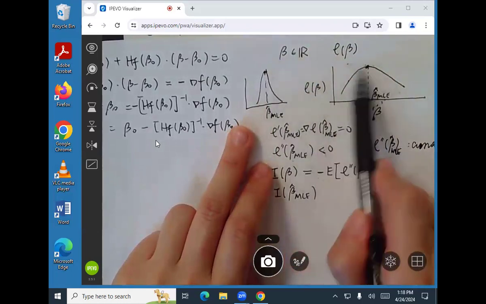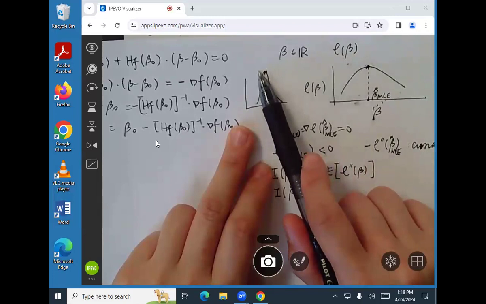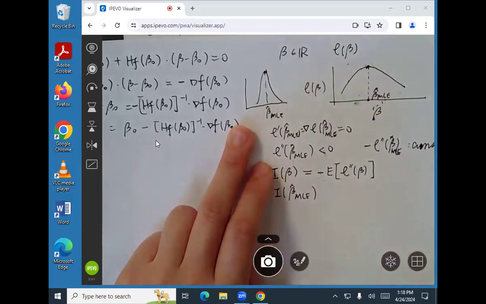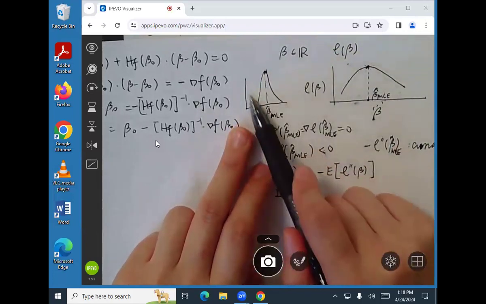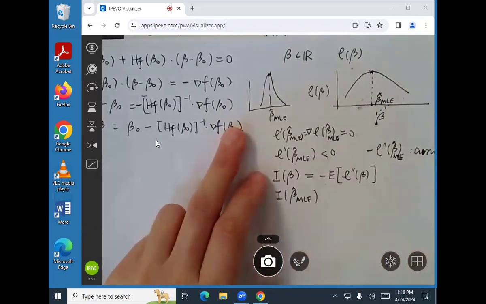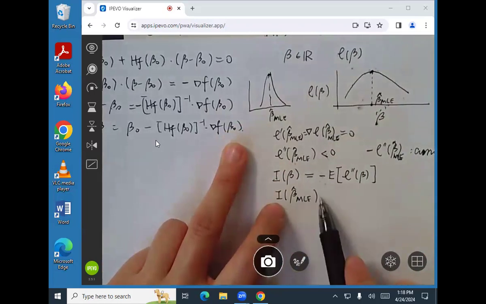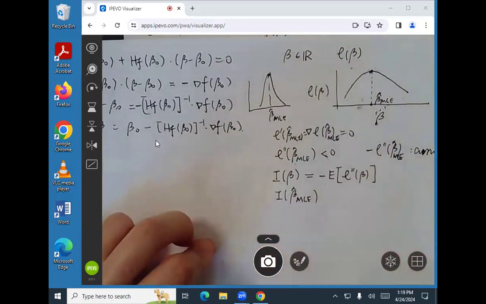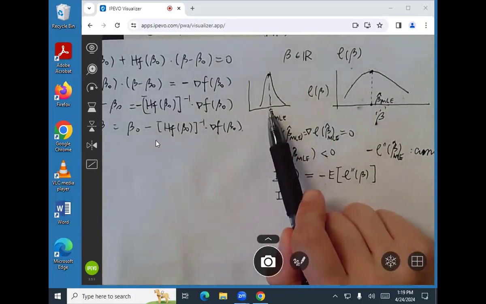If I compare the second derivatives for these two curves, and I multiply both by a negative sign so they become positive, which one has a bigger value? The left one, right? This is more curved, more sharp, so it has a bigger value. And then by the definition of Fisher information, if we ignore the expectation part, because expectation is like an average across data, and just look at this one curve alone, the Fisher information here will be bigger. Yeah, so that's why it's called more information.